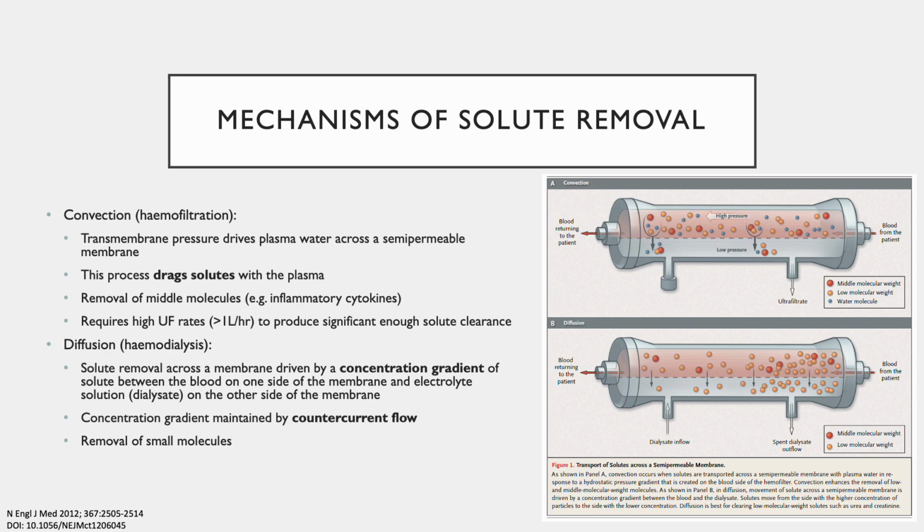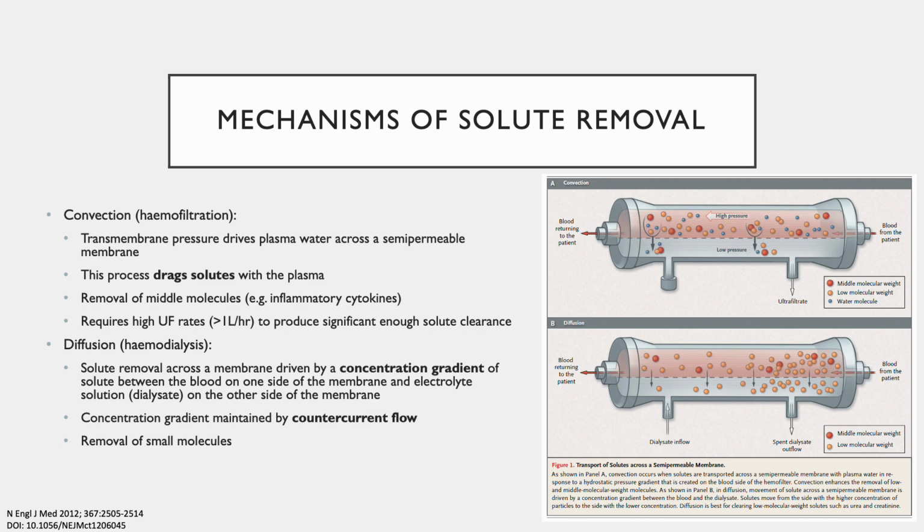For convection, the way this works is that transmembrane pressure drives plasma water across a semi-permeable membrane as described in ultrafiltration, and this process actually drags solutes alongside the plasma. Hemofiltration tends to remove middle-sized or slightly larger molecules compared to hemodialysis.